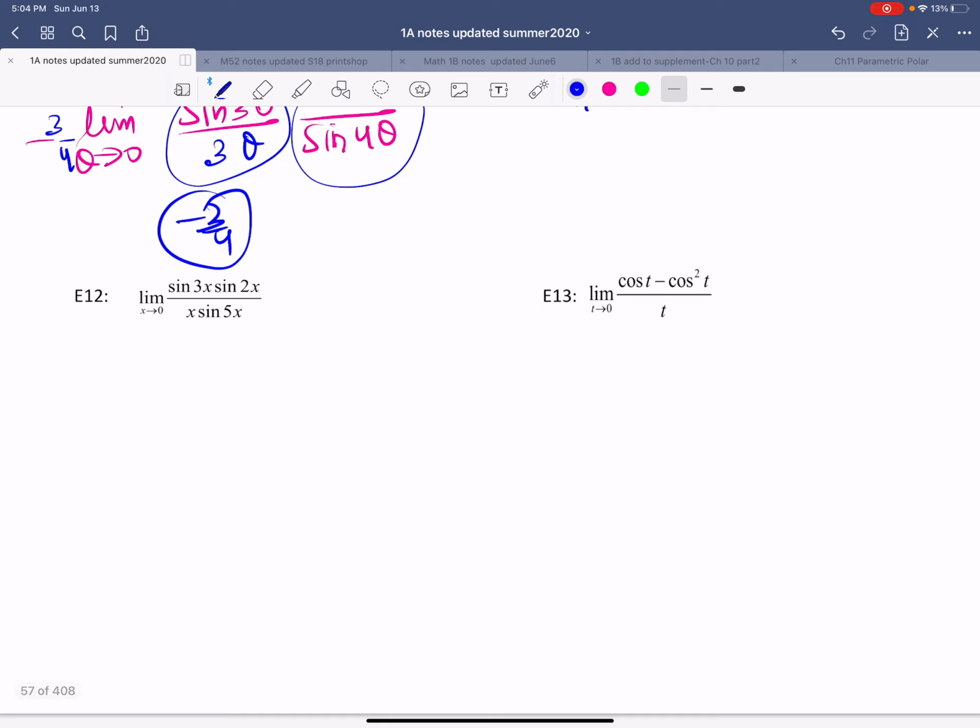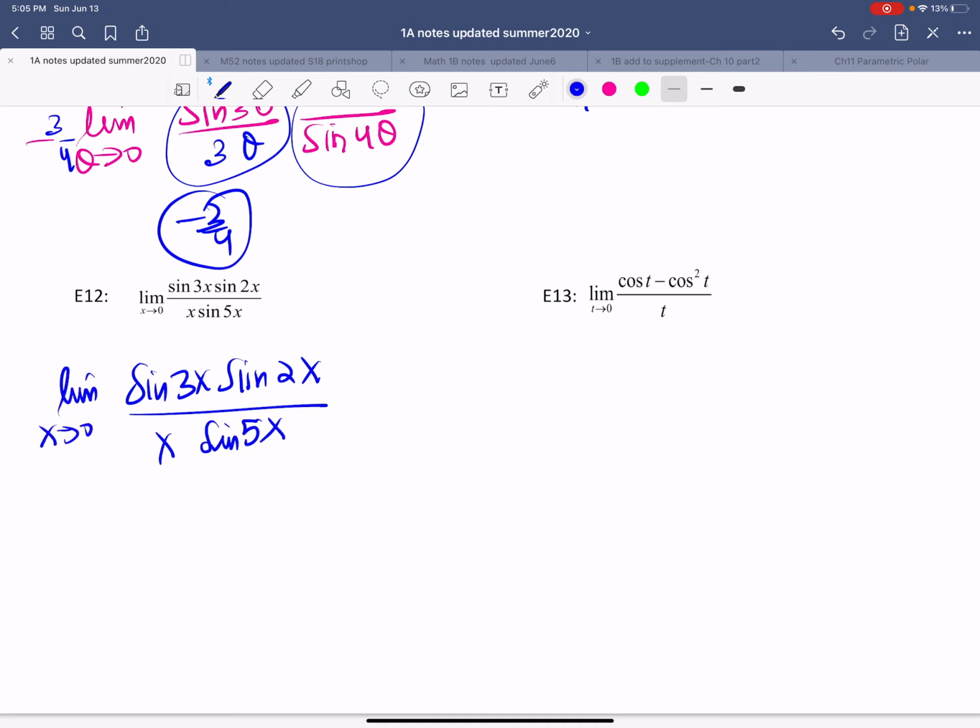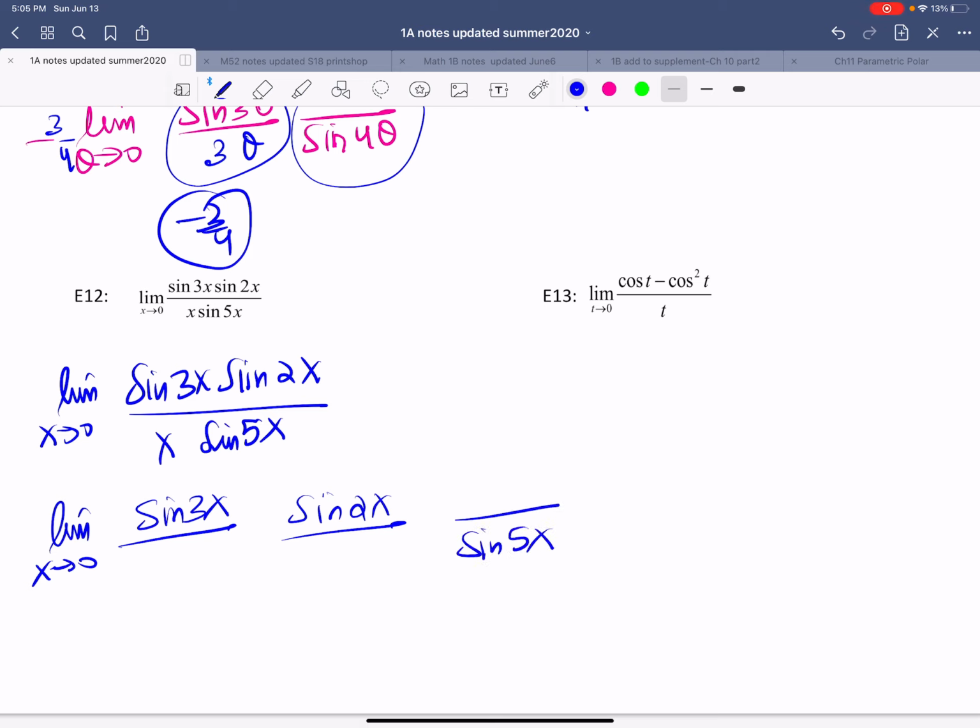Sine 3x times sine 2x over x times sine 5x. Limit as x approaches 0. So I'm going to isolate these. I have sine 5x in the denominator, and I already have an x here, so I'm going to leave that over here. Now I'm going to multiply and divide with an x.